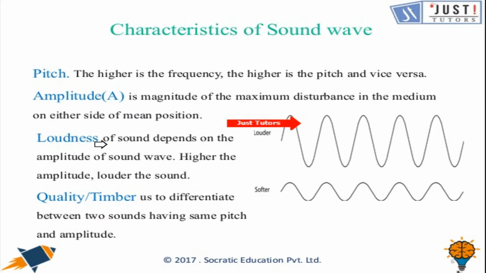Now loudness. It depends on the amplitude of the sound wave. The higher the amplitude, the louder the sound. Then quality. If two sounds have the same pitch and the same amplitude, the sound which is more pleasant to listen to is of more quality.